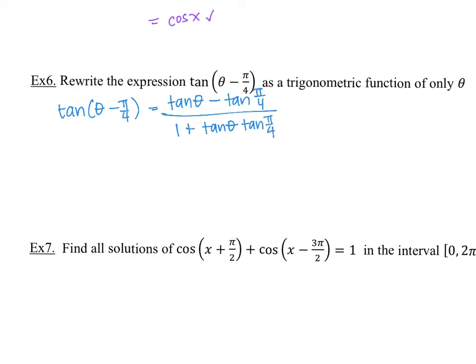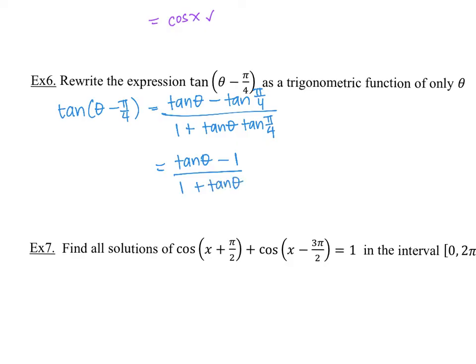Okay, I'm going to simplify this the best I can. Tangent theta, I have no idea what that is because I don't know what theta is. But the tangent of pi over 4, I do know. The tangent of pi over 4 is 1 because it's root 2 over 2, root 2 over 2. And then in the denominator, I have 1 plus tangent theta times the tangent of pi over 4.